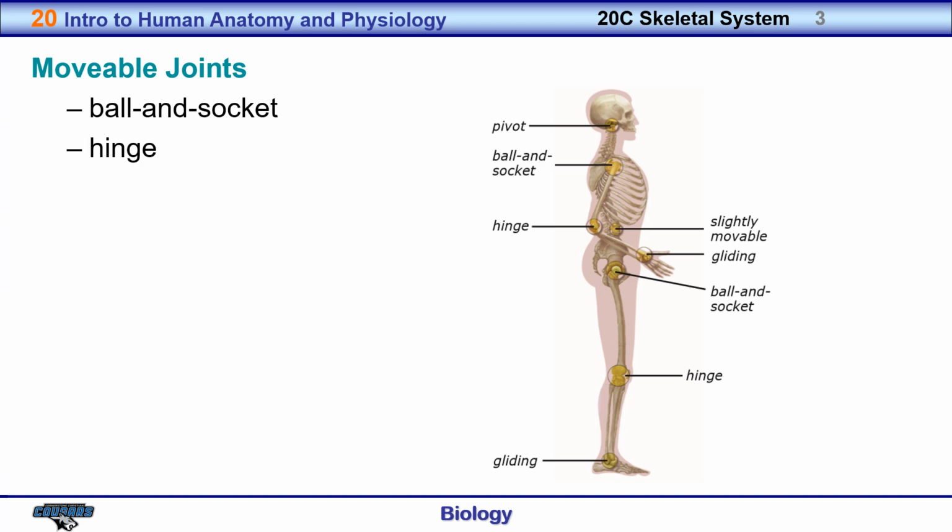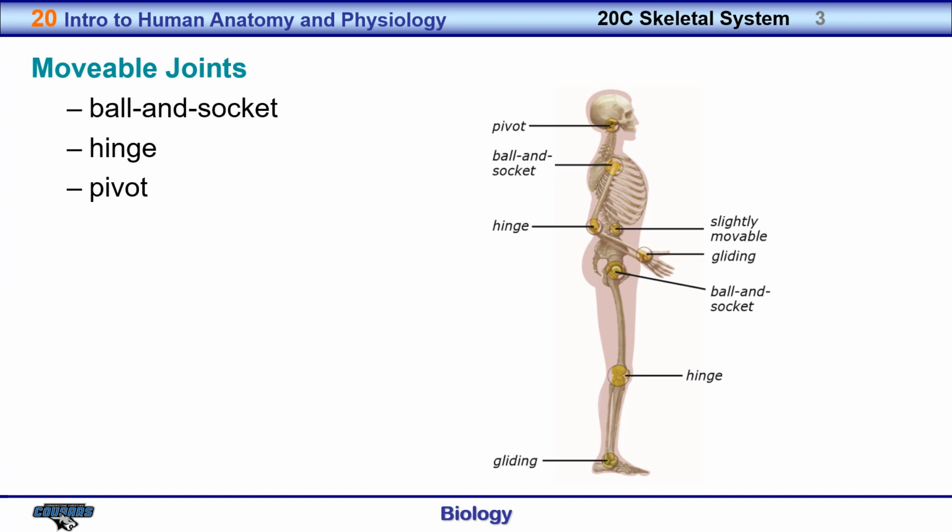Then we have what are called the hinge joints, and the hinge joints allow it to bend in only one direction. Your elbow, your knee, your fingers and toes are only supposed to bend in one direction. Then we have what are called the pivot joints.